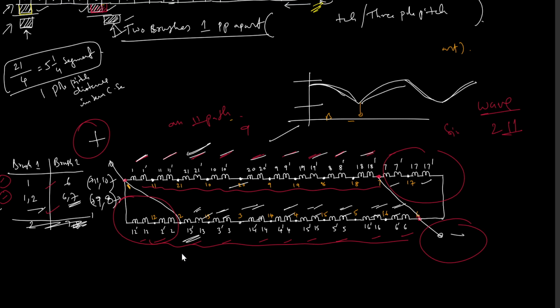Because it is simplex, it is two parallel paths. It would have been four parallel paths for a duplex, but this is a simplex wave winding, so we have two parallel paths.